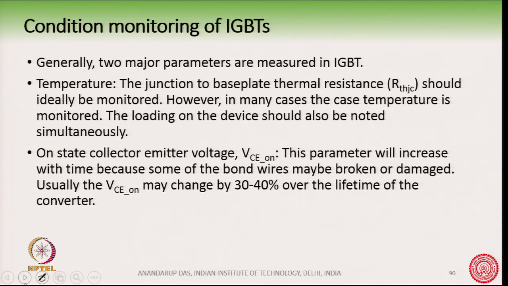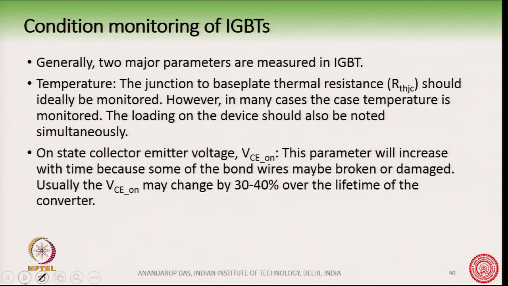These two parameters give some idea about how the IGBT health is, how much time it will work in future. The temperature will increase over time in an IGBT, under the same loading condition.